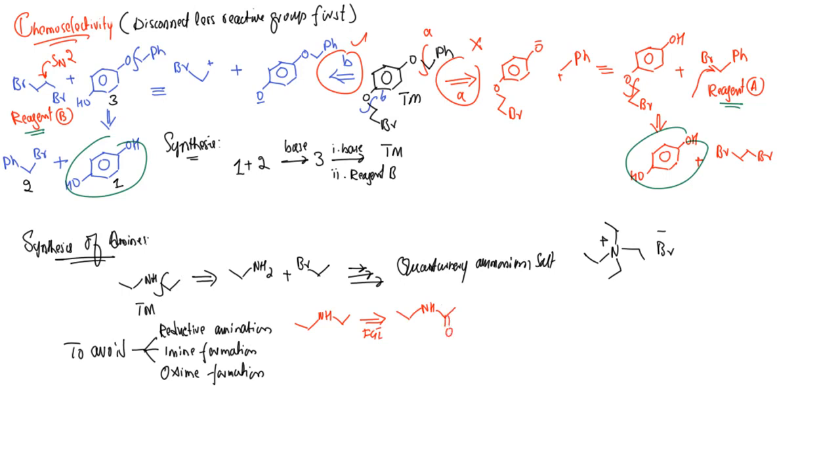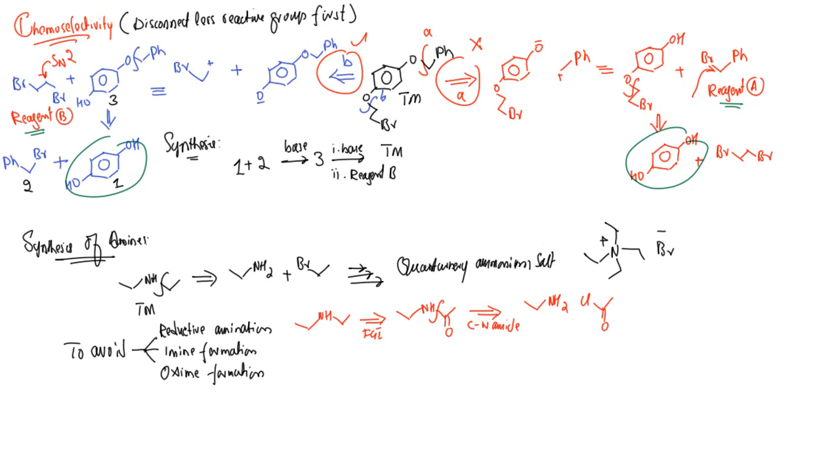Here I can make the C-N bond of the amide for disconnection, C-N amide, and I get the desired reagents. So this is a feasible way.